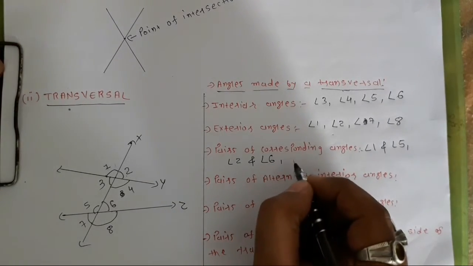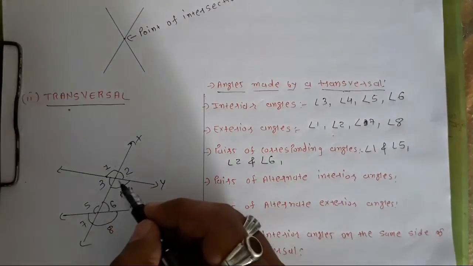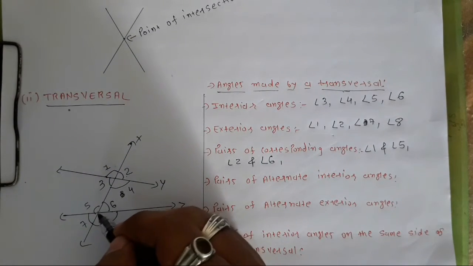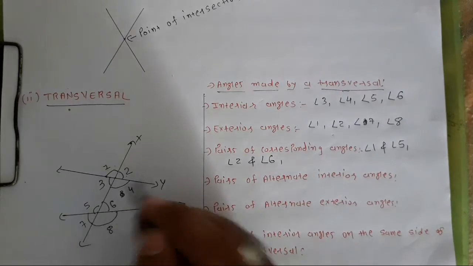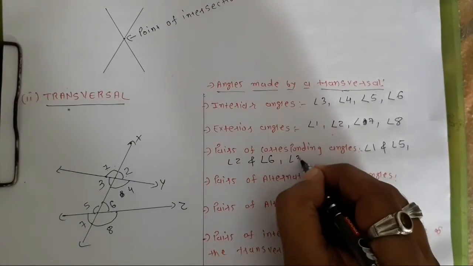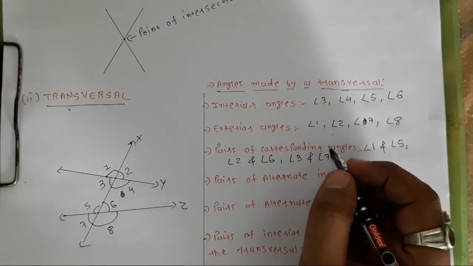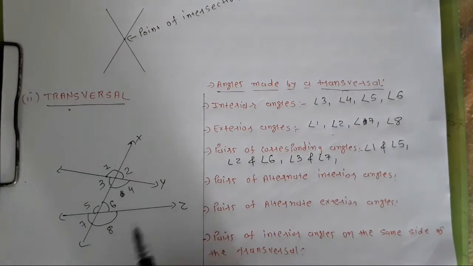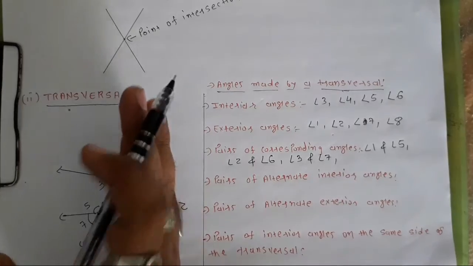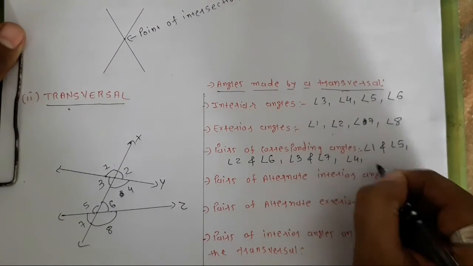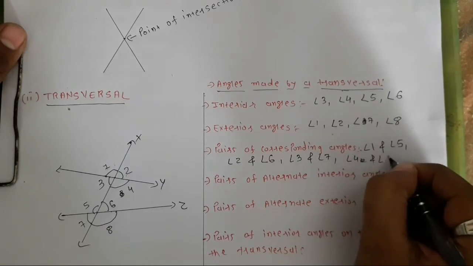Third, angle 3 and angle 7 are on the same side and in the same position, so that is my third pair. Fourth, angle 4 and angle 8 are on the same position and same side, so I write angle 4 and angle 8.